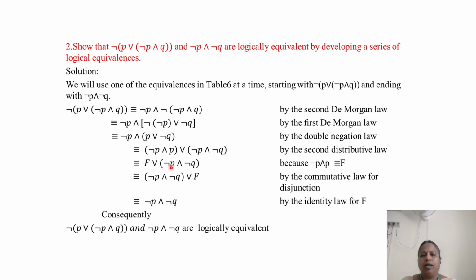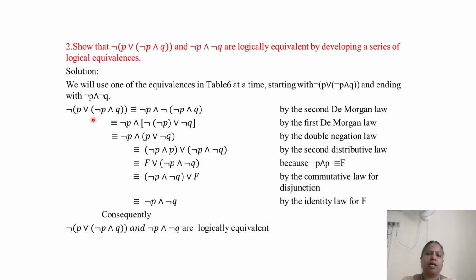False or negation P and negation Q. So false or X is X by the identity law. So we get negation P and negation Q.